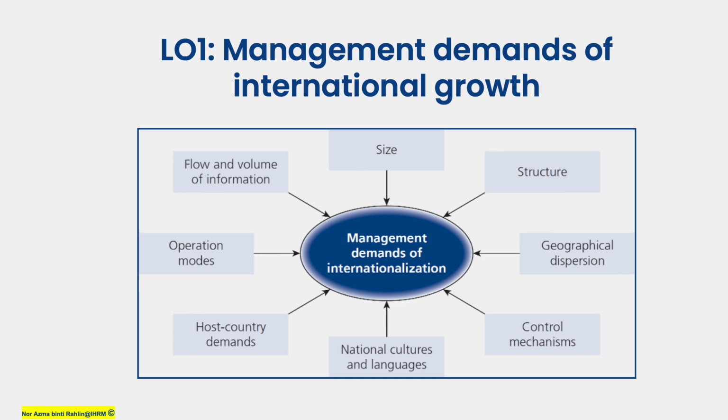So you have to fulfill local regulation, labor law, and market expectation. Operation mode, businesses choosing the expansion method like exporting, franchising, or joint venture. Flow of information. This is more about managing global communication and knowledge sharing in your subsidiary or new setup company in a foreign country.